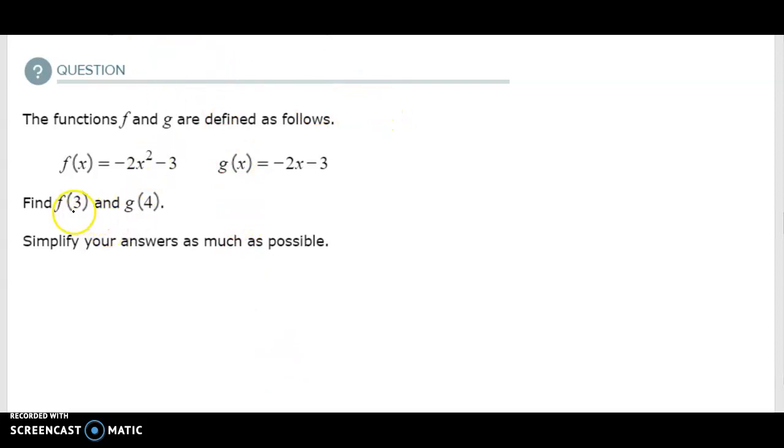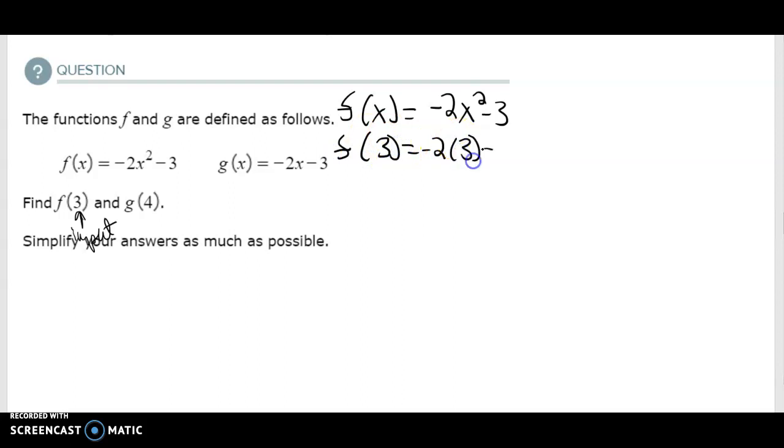It's the idea that this is asking us for our input to be 3. It's asking us to put 3 into the f function. So I'm going to start with my f function, and everywhere I see an x, I'm replacing that with a 3. And then from there, oh, I forgot my squared.